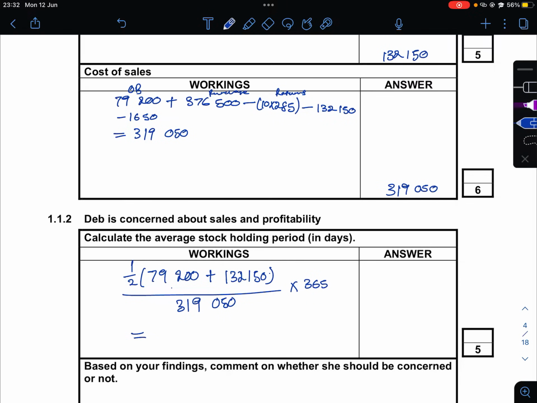Now you just put that in your calculator. It's half of 79,200 plus 132,150 over 319,050. Then you multiply by 365. Let's see what we get.